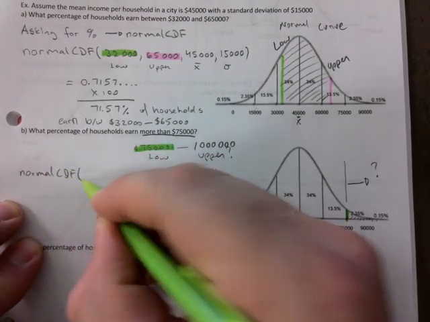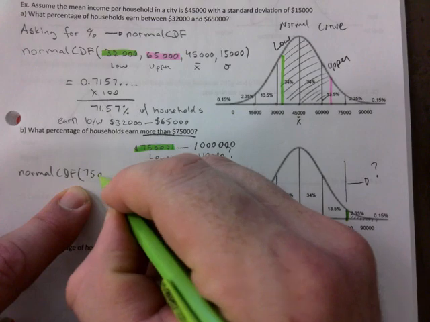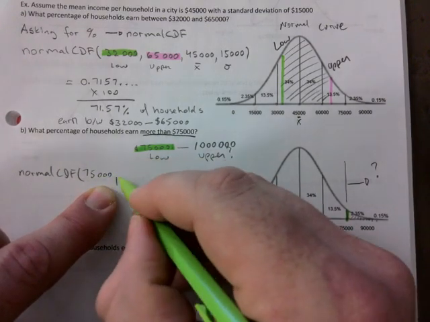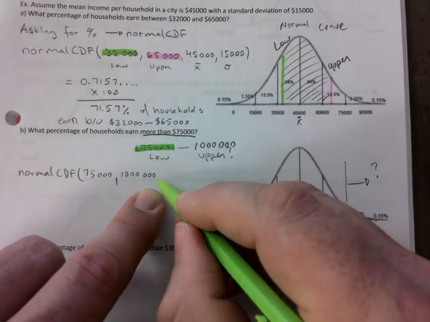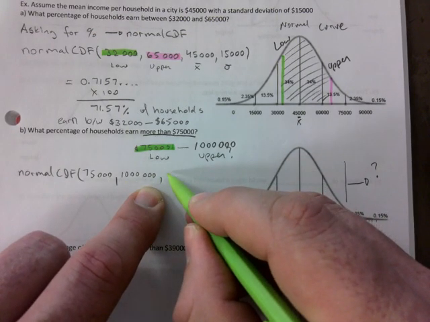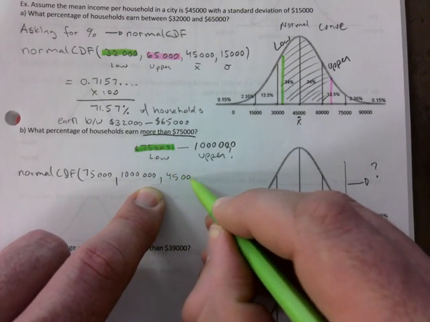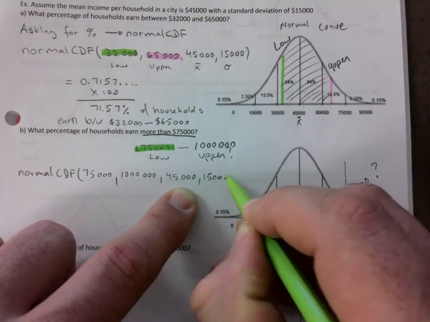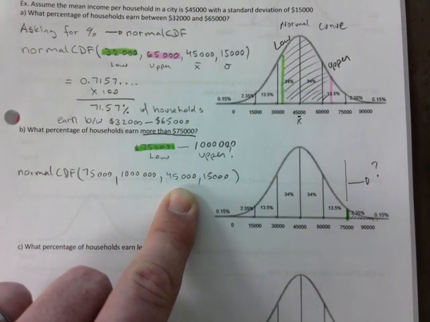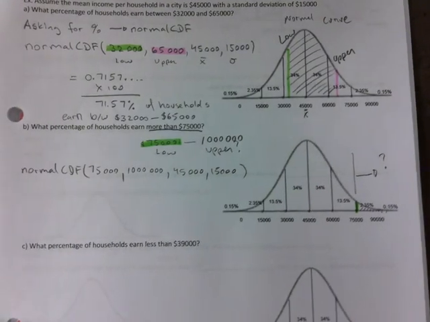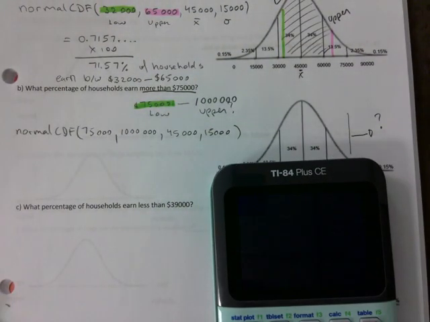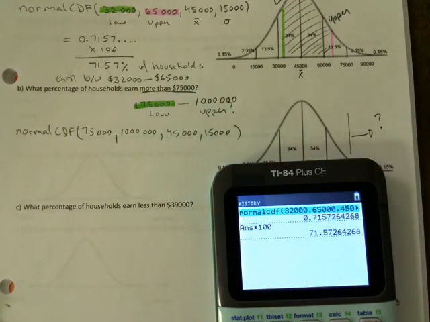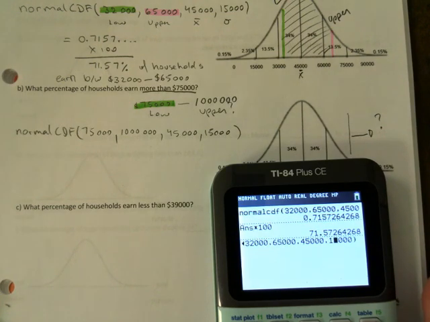Normal CDF. You've got to plug in everything. So 75,000. Then you go 1 million. Then you still have to enter the mean and the standard deviation. Okay, that doesn't change. So let's figure that out. I just copy paste. Once I've used normal CDF, I just go up and copy paste, especially because the mean and the standard deviation haven't changed.